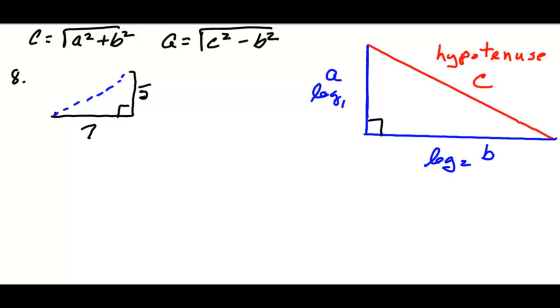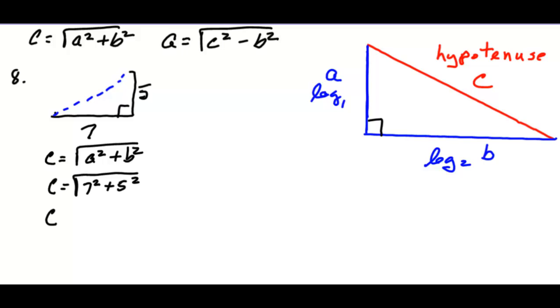So we can see that what we're looking for is c equals the square root of a squared plus b squared. c equals the square root of 7 squared plus 5 squared. That's what I chose to do. Doesn't matter which one you choose. It could have been 5 squared plus 7 squared. Square root of 49 plus 25.